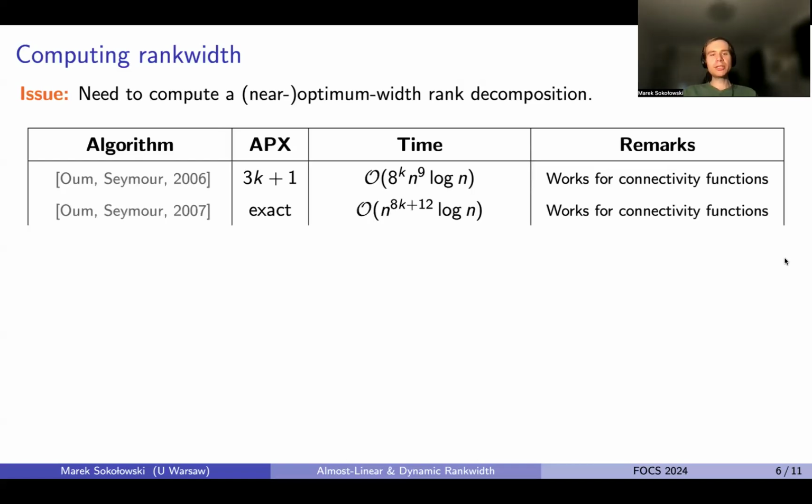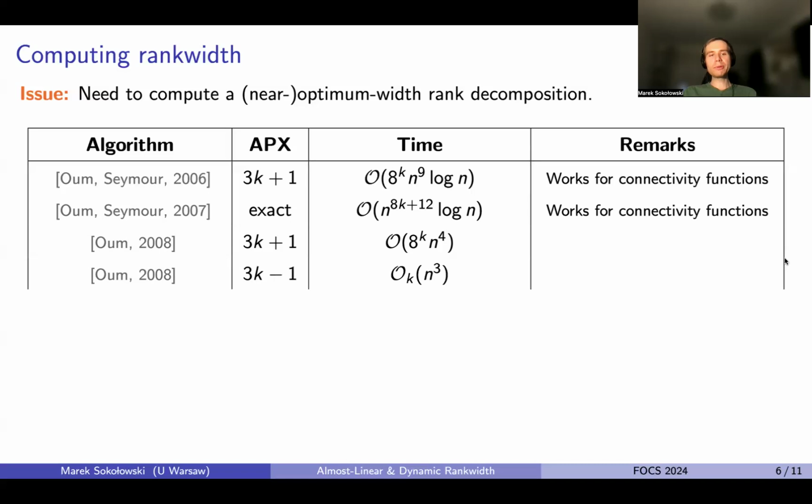Then, a year later, the same set of authors produced an exact rank decomposition and connectivity function decomposition algorithm, but at the cost of having an algorithm whose complexity is a polynomial whose exponent depends on k. Next, Oum described a 3-approximation algorithm that works in n to the fourth time, and also a 3-approximation algorithm that works in cubic time at the cost of a much worse dependency on k.